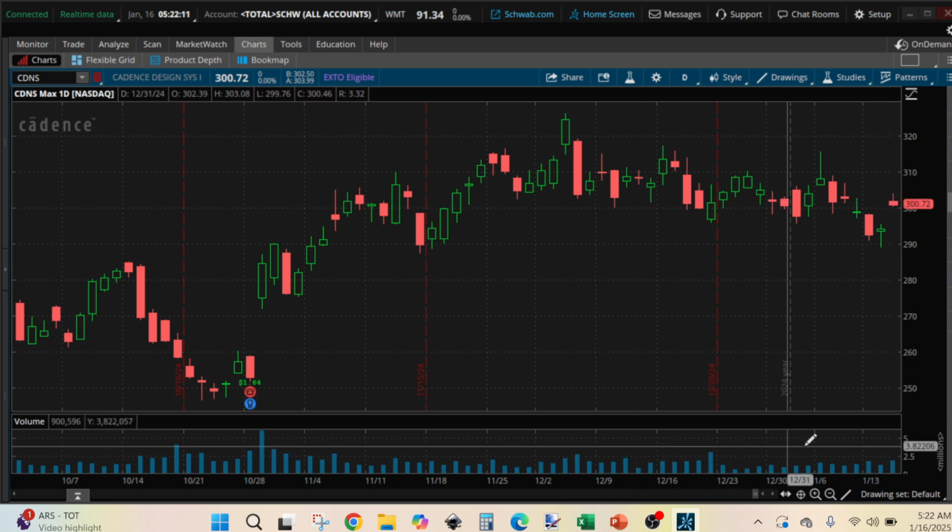The x-axis shows you the date, the y-axis shows you the price.